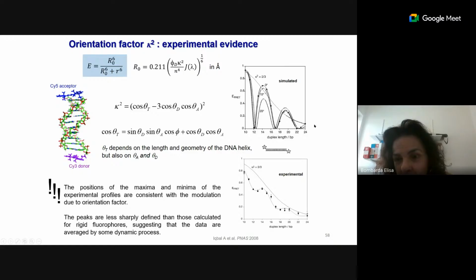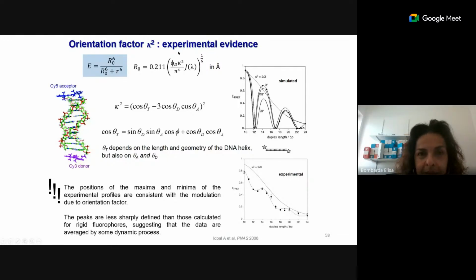As you see, the modulation is quite respected. So the positions of the maxima and minima of the experimental profile are consistent with the modulation due to the orientation factor. And so that was a way to obtain experimental evidence of the meaning of the orientation factor.